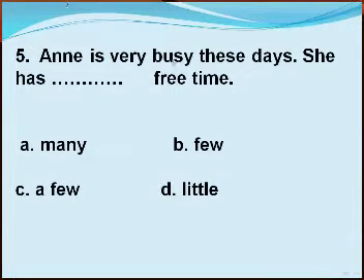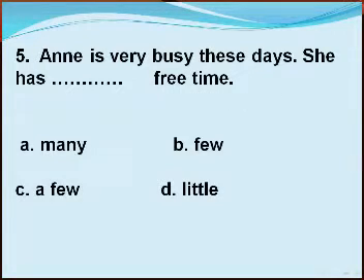Number 5, Anne is very busy these days. She has dot dot dot free time. If the woman is busy, of course she doesn't have much time. It should express the fact that her free time is not much, and you should also think about free time being an uncountable word.